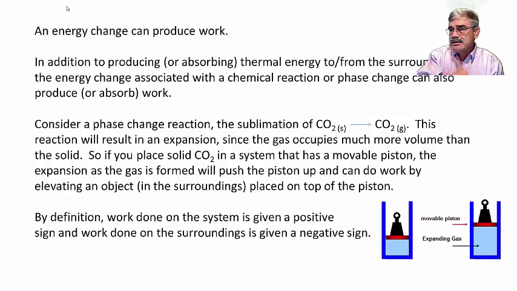So it's going to be an endothermic process, and thermal energy is going to be transferred from the surroundings, including my arm and my hand, into the system. So I'm going to say Q has a positive value. But in this particular case, work will be done by the expansion of solid dry ice to the gas phase. Work will be done on the surroundings. So while Q might be positive, W would be negative.